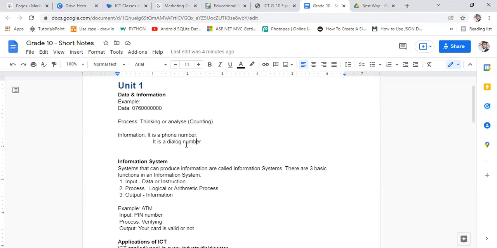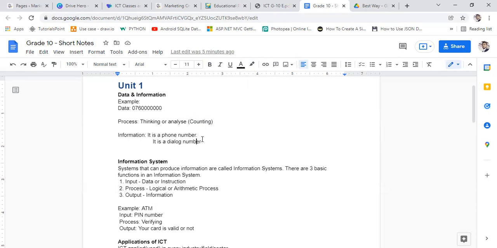Okay, so these are the differences, and this is the explanation for data and information. Data has no meaning by itself, and when you process it, we can get information out of data. So for that, we have to process the data. So that's it. It's very simple.